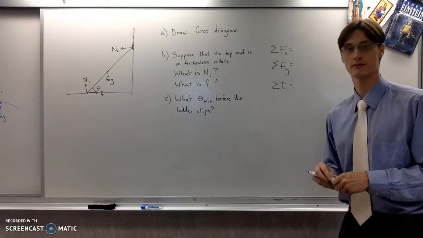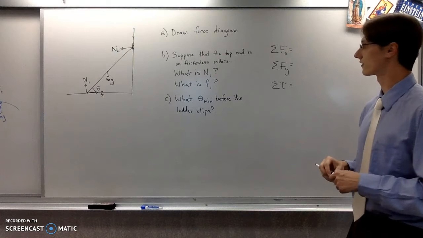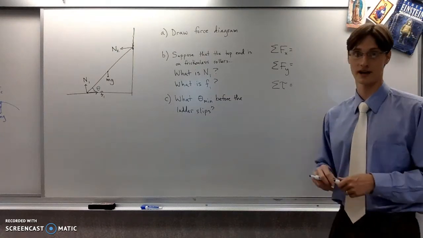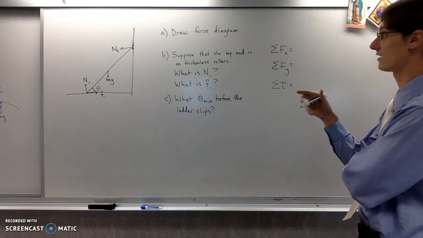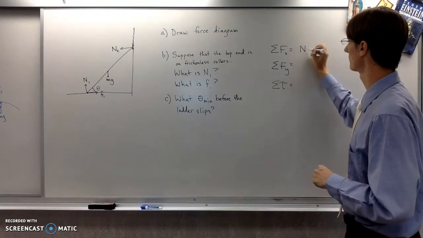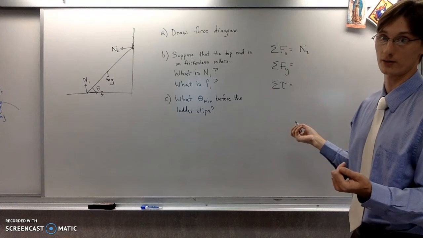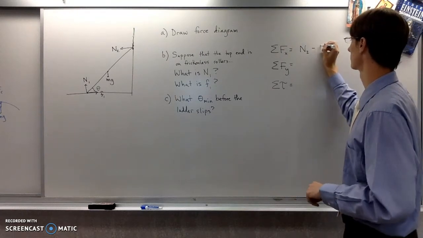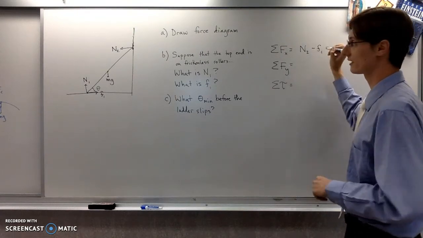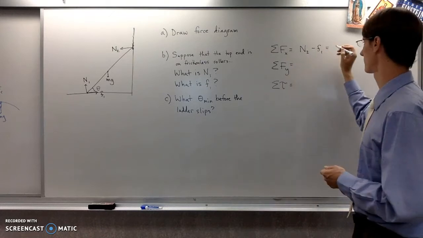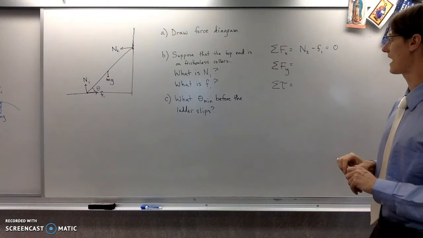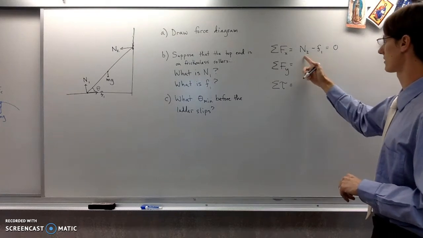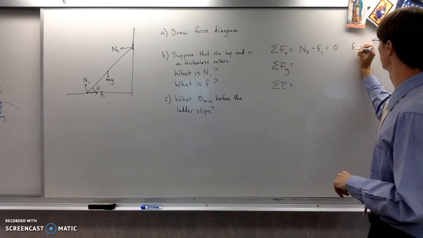Let's do the sum of the forces in the x direction first. Looks like we have N2 to the left, and we have F1 to the right, and that's it. Assuming the ladder isn't slipping, the sum of those forces would be 0, which means that F1 is going to equal N2.